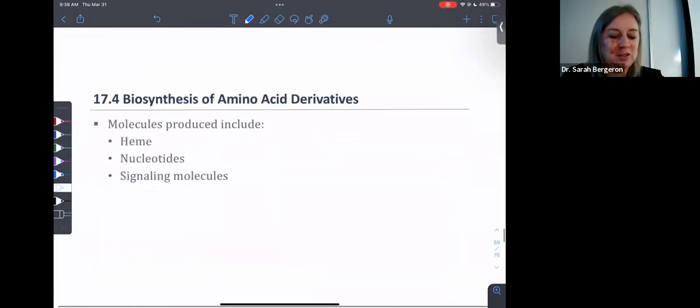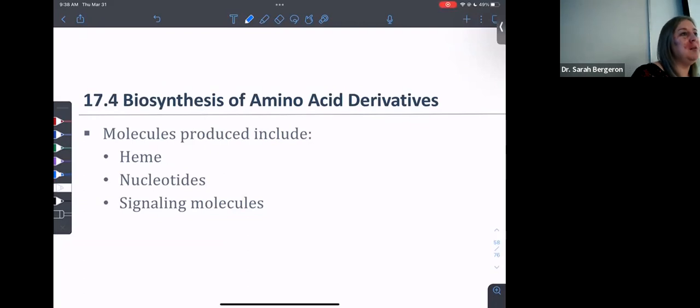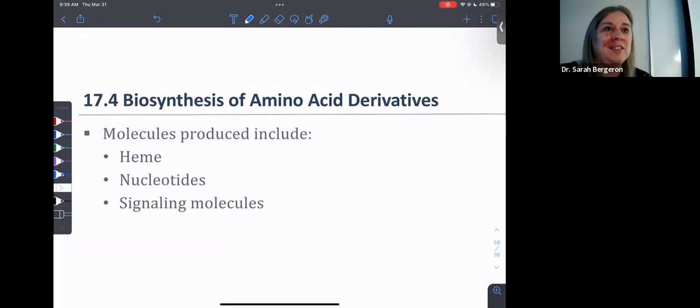All right, so there are a few things that some amino acids can make that are not amino acids. So we can make heme. Where do we have heme? In the blood, hemoglobin, right? Where else? Muscles, myoglobin. Where else? Cytochromes.